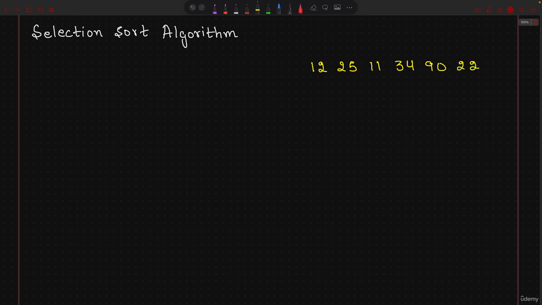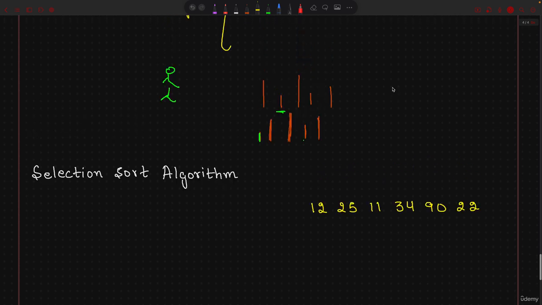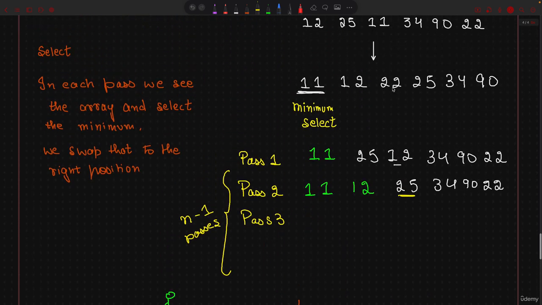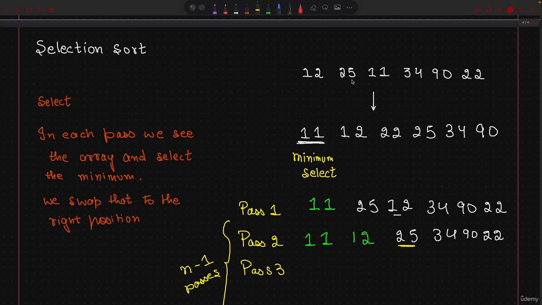Now, what happens when you go from discussion or intuition to implementation? We have to now think in terms of indexes, in terms of size, and everything. During the intuition and understanding of an algorithm, we were able to just see what we are doing. We understood that we have to find the minimum, then swap the place, and we were not that hung up upon the size of the array or what exactly we are working on.